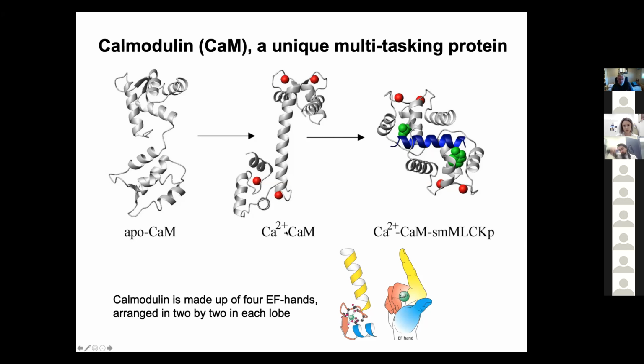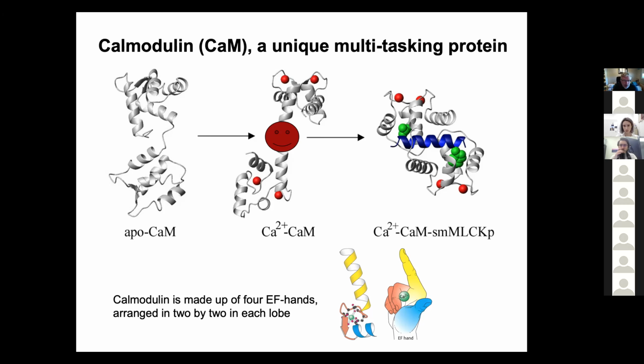All right, now the other thing that we're going to talk about is that according to the crystal structure, this is a continuous exposed helix between the two lobes. But according to NMR, this is not a continuous helix. And there's actually a flexible region here in the middle of the protein and I can show you the evidence for that later.